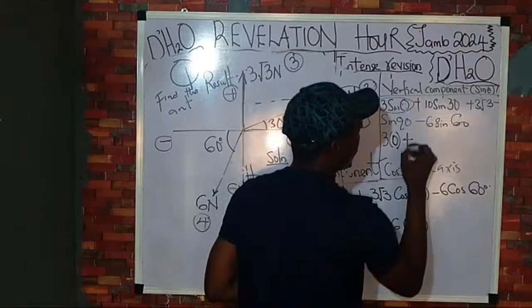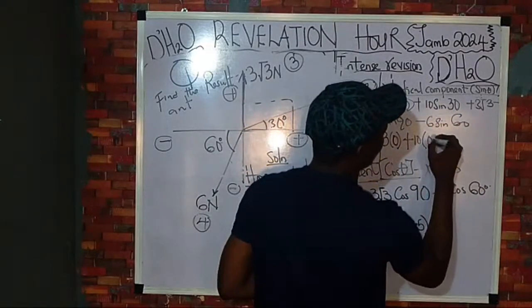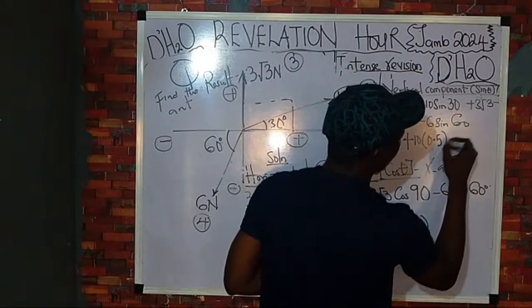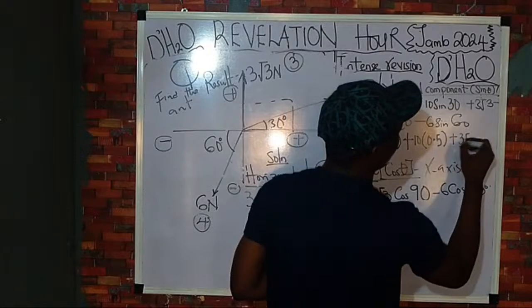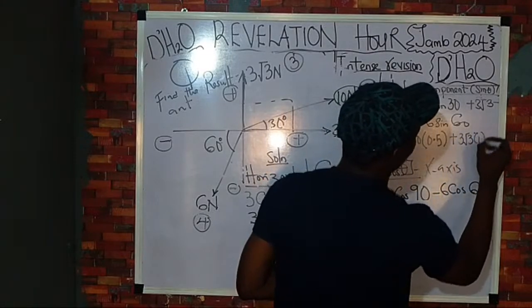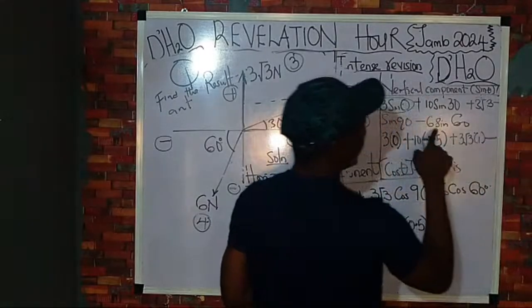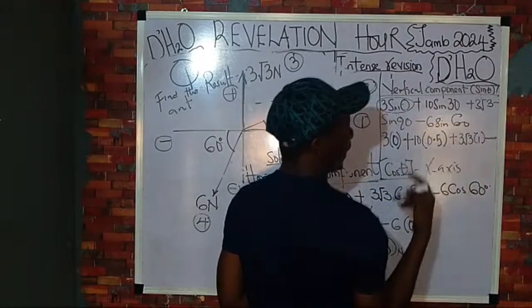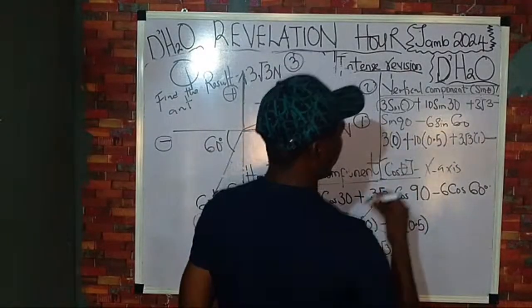Then plus 10 bracket sine 30, which is 0.5. Plus 3 root 3 sine 90, and sine 90 is 1. Then this last one, minus 6 sine 60, sine 60 is root 3 over 2.